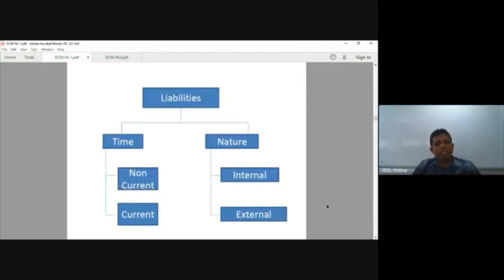Then based on time, non-current assets and current assets are there. Current liabilities and non-current liabilities are there. Current liabilities are the liabilities we set off within 1 year. If a liability takes more than 1 year to set off, we call that a non-current liability.